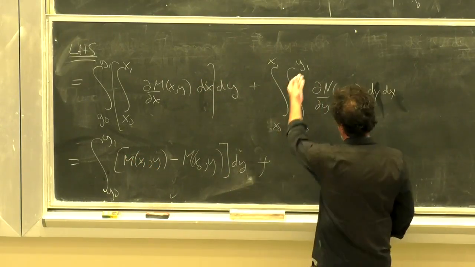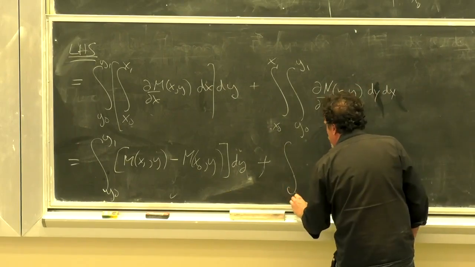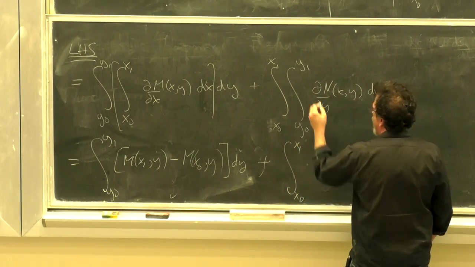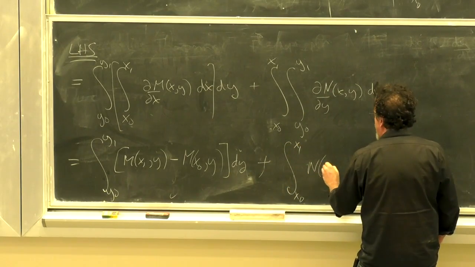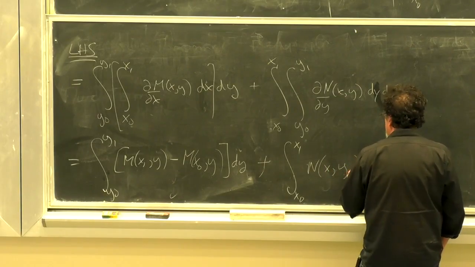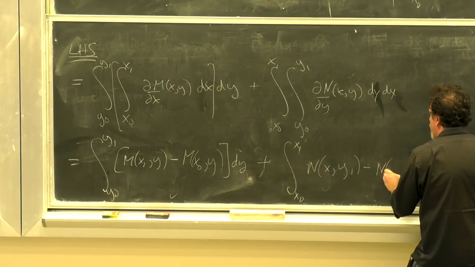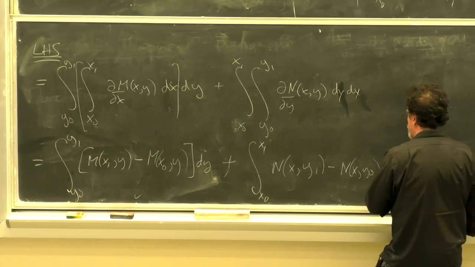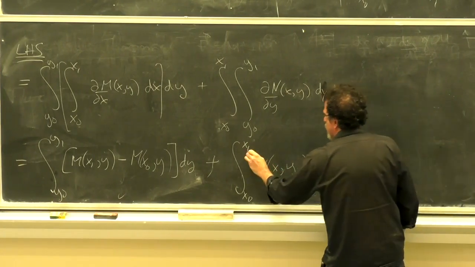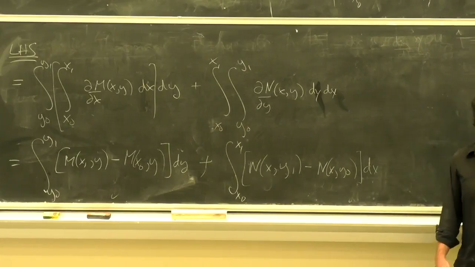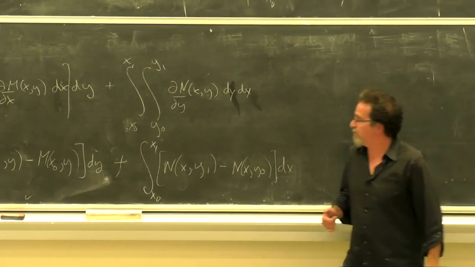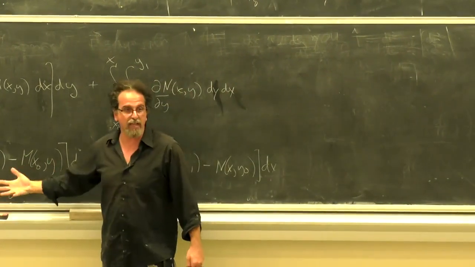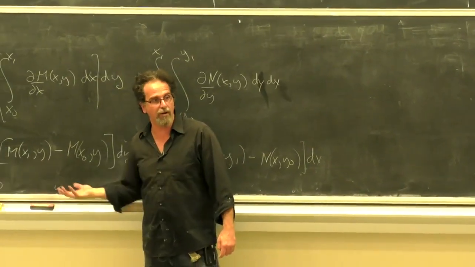Plus, fundamental theorem of calculus, the integral from x0 to x1 of N of x, y1 minus N of x, y0. And then I have to integrate this with respect to x. Well, this is promising to begin with. I just took the antiderivative, and this already looks like a line integral. These look like four different line integrals.